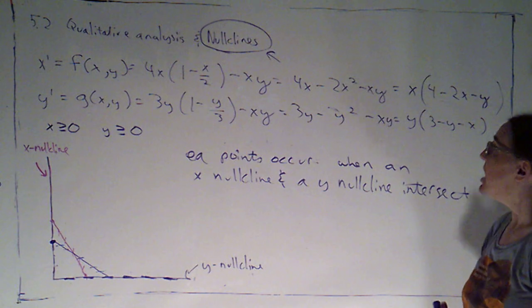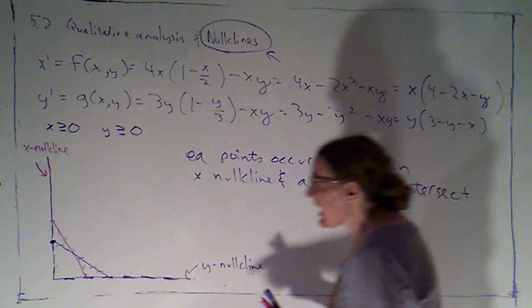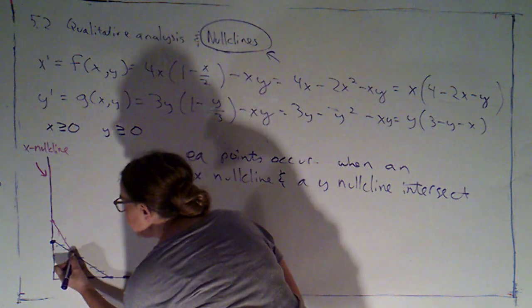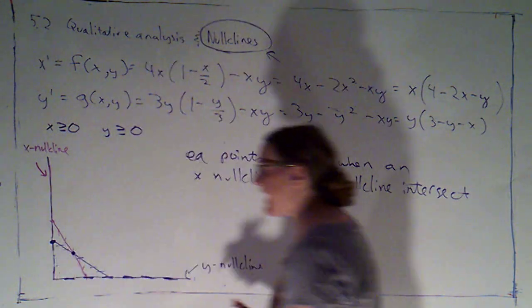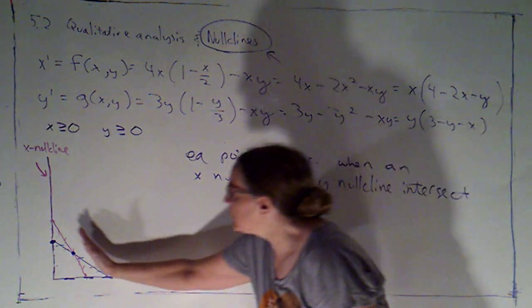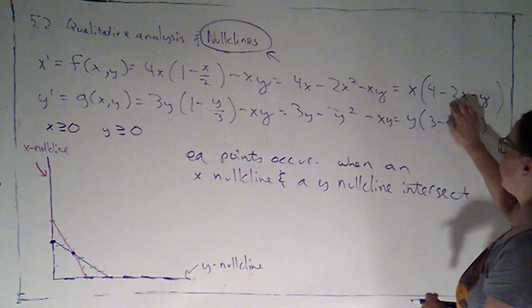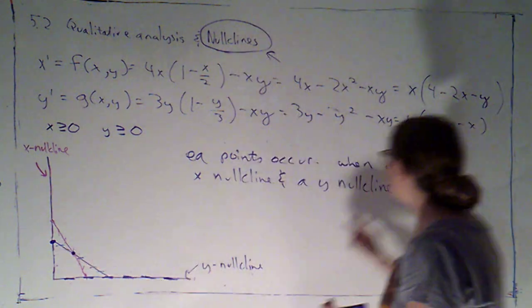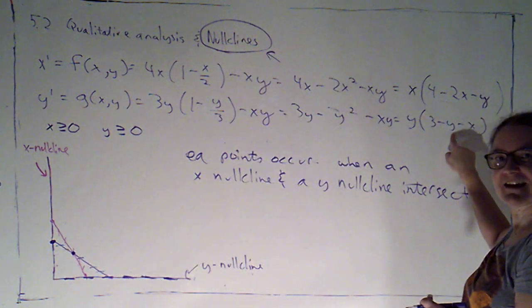Okay. So if I look at this point right here, I can see that is the intersection of an x-nullcline and a y-nullcline. That's where we're on this line, which is where 4 minus 2x minus y is 0, and on this line, which is where 3 minus y minus x is 0.